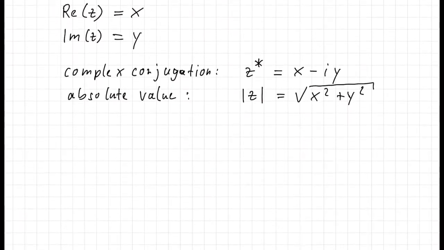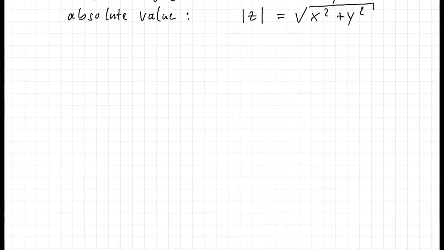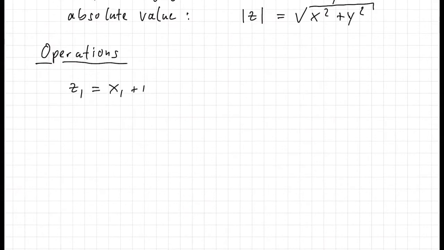Now, having defined these complex numbers, what we want to do is operations with them. In order to do that, we usually need more than one complex number. So we now have two complex numbers, z1 equals x1 plus i y1, and z2 equals x2 plus i y2.